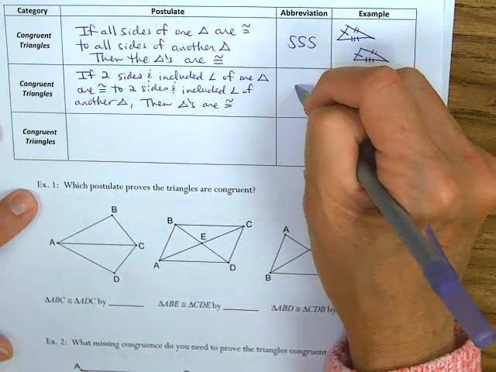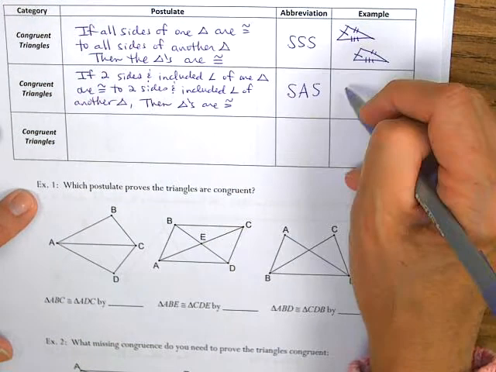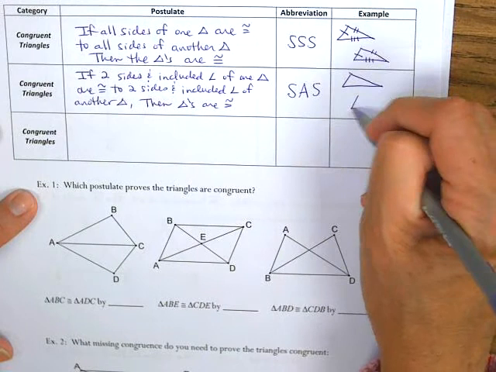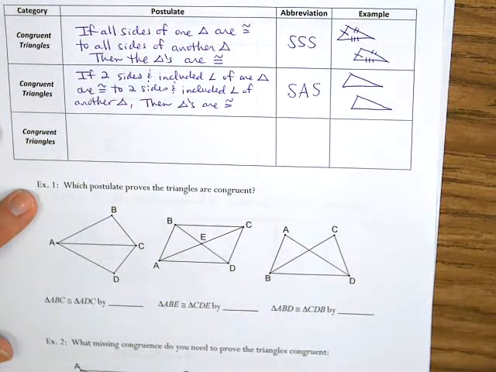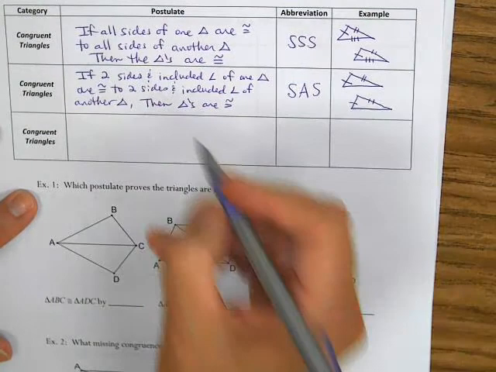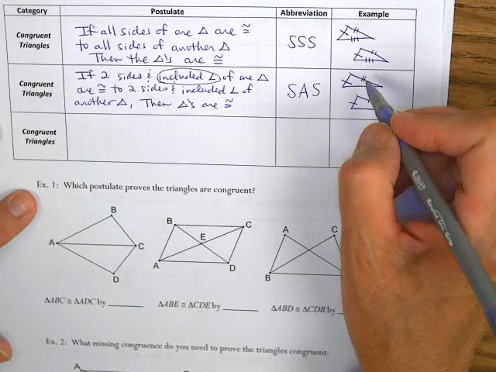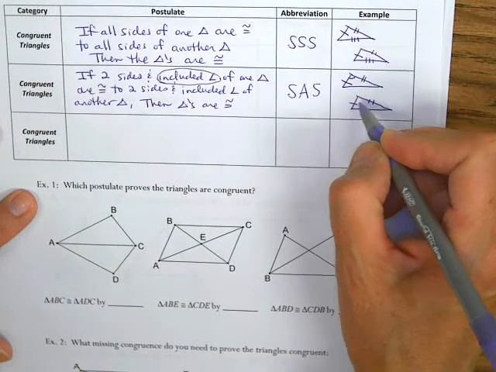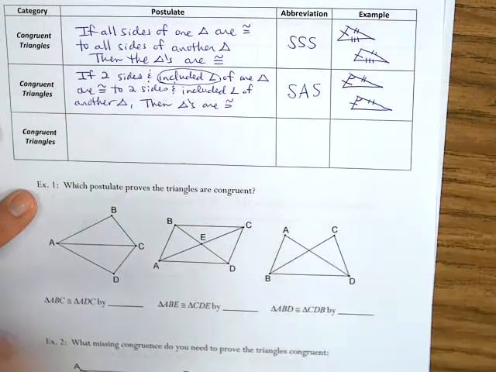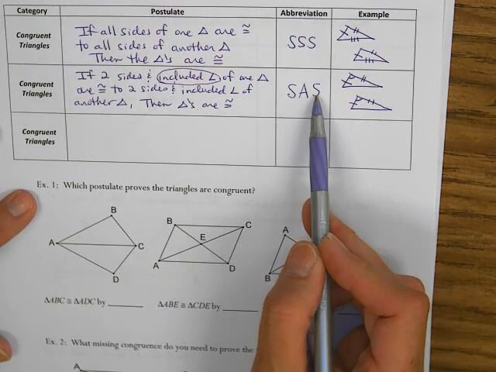That was the one we called side, angle, side. Here's what that means. If I draw two triangles, in order to prove they were congruent, I'd have to have two pairs of sides, and then note this is really important here, the included angle. So not just any angle, but the angle that's included between those two congruent sides. That one is what we call side, angle, side.